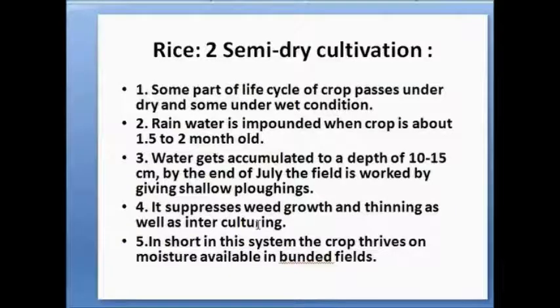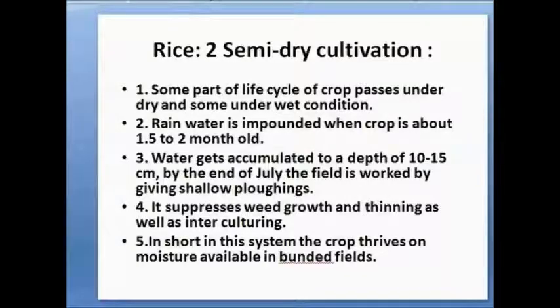So in short, this semi-dry method of rice cultivation, crop grows on moisture available in the bunded fields. We have to remember that the varieties grown are different. Varieties grown in dry method, semi-dry method, wet method, intensive method are different. One variety cannot be used in other methods of cultivation. Let us move to another slide.